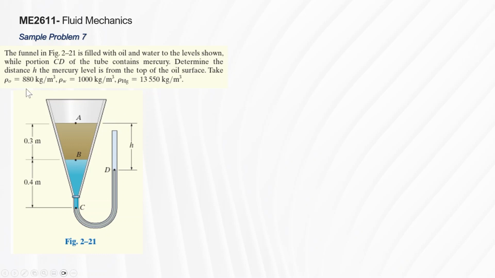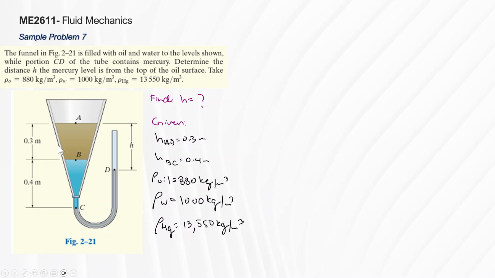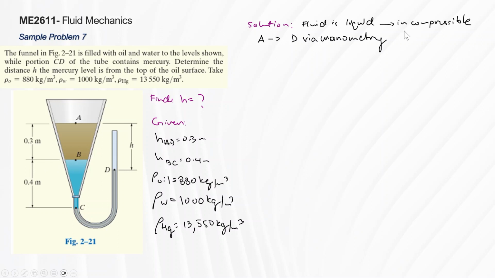And we're given densities. The density of oil is 880 kg per meter cubed, the density of water is 1,000, and the density of mercury is 13,550 kg per meter cubed. We're also given the dimensions. So we're here to find H. Then we have our givens. For our solution, since the fluid is a liquid, we treat it as incompressible.